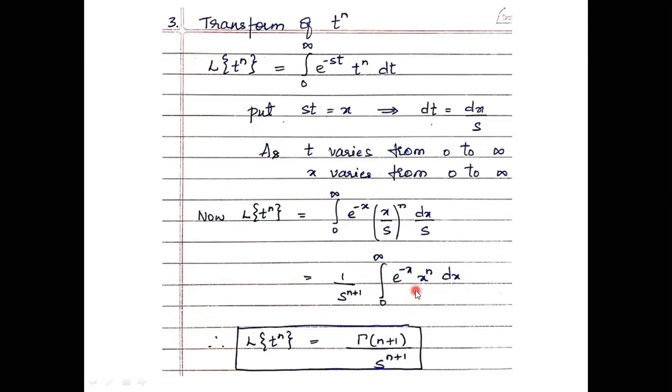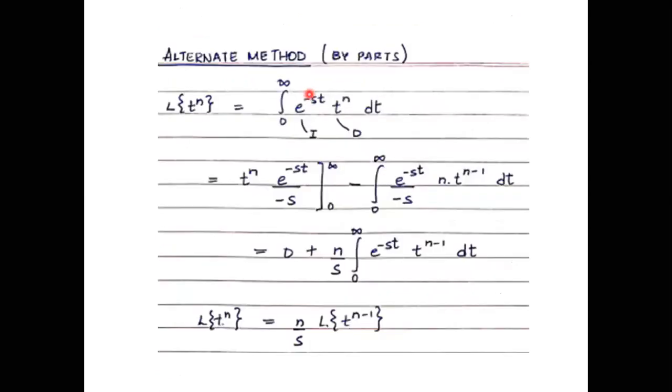And I also have an alternate method to solve this Laplace transform of t power n, that is by parts. This was by substitution method, and next is the alternate method by parts. Here I have taken the exponential term for integration and the polynomial term for differentiation.